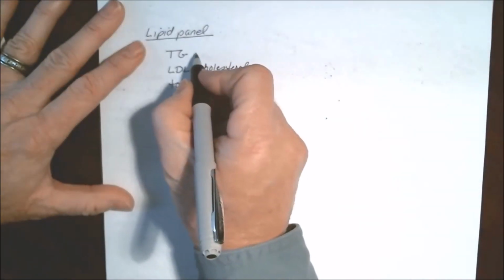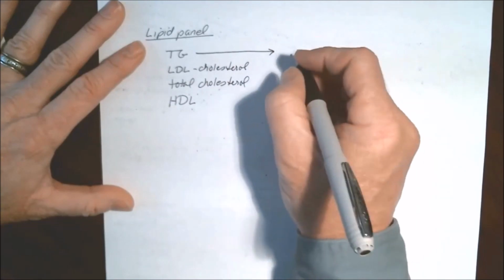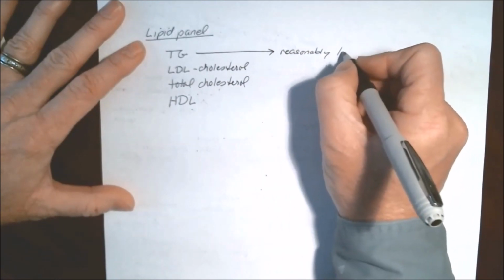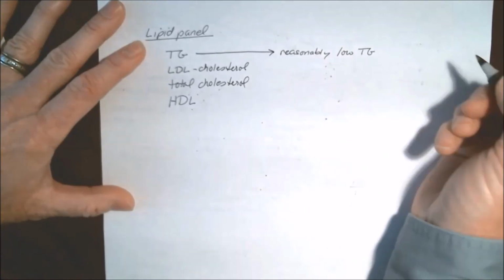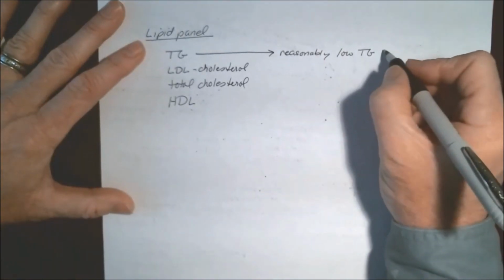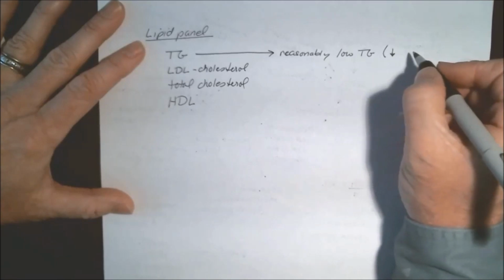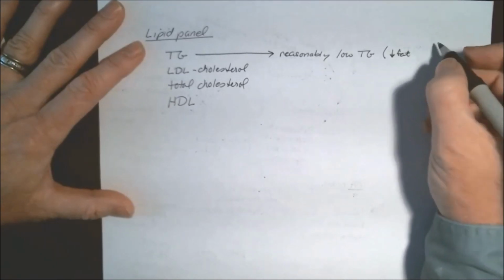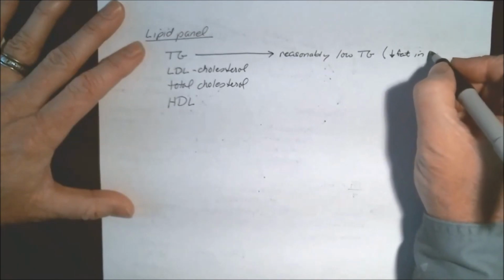So clinically, you are going to want to have reasonably low triglycerides. And the reason for that is because that will indicate that you have a reduced amount of fat in your blood.